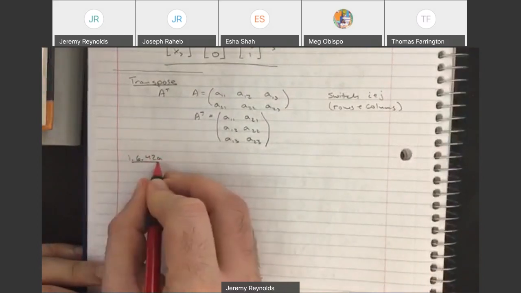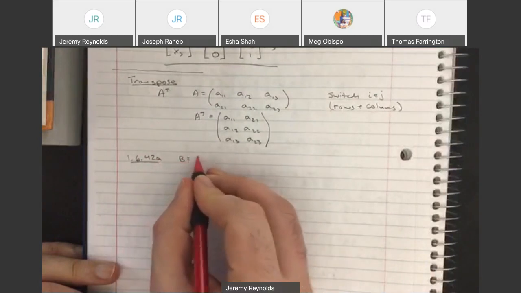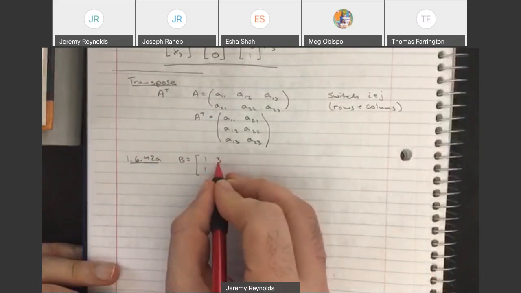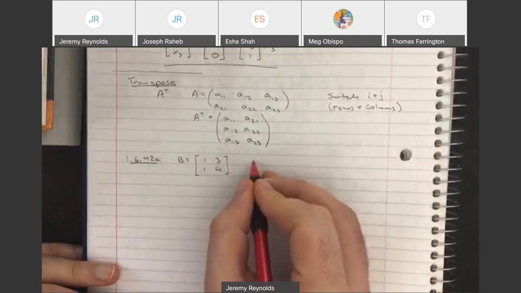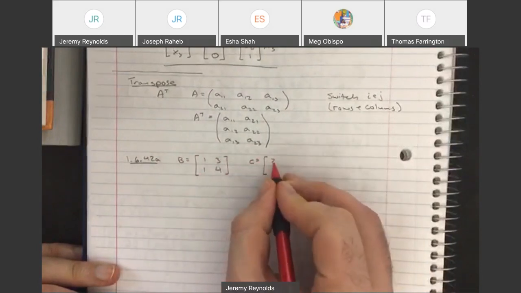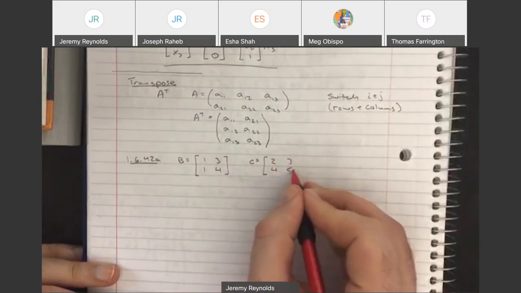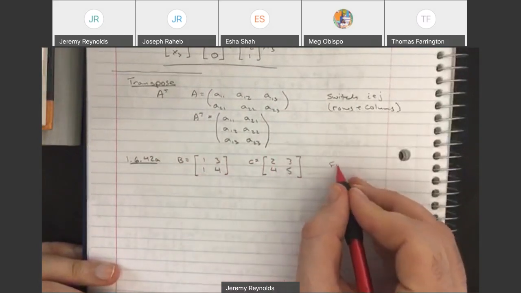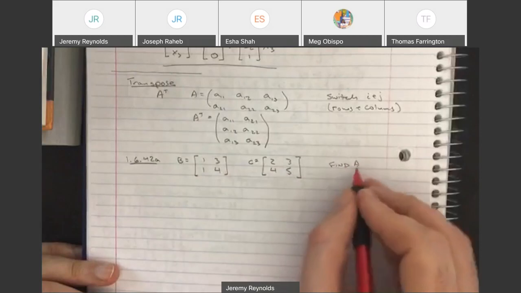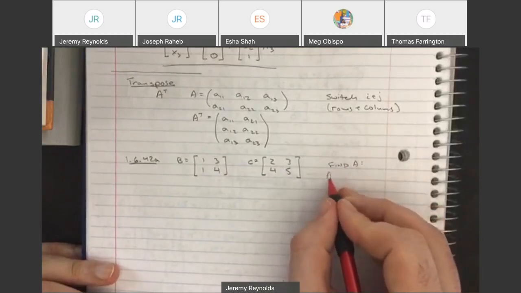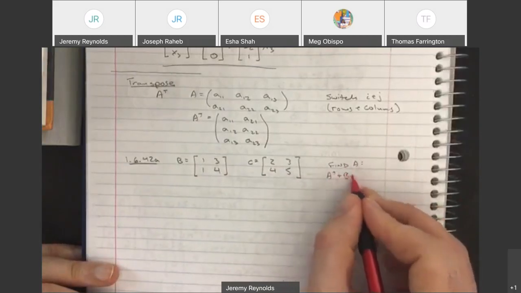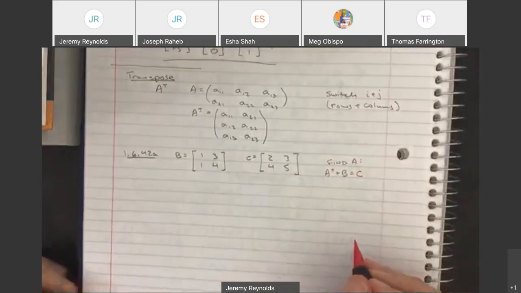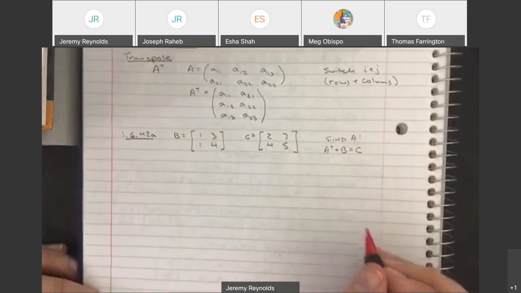1.6.42a. So let's see, B equals 1, 1, 3, 4. C equals 2, 4, 3, 5. And we're going to find A such that A transpose plus B equals C. So this is very similar to the basic addition problem we did earlier.